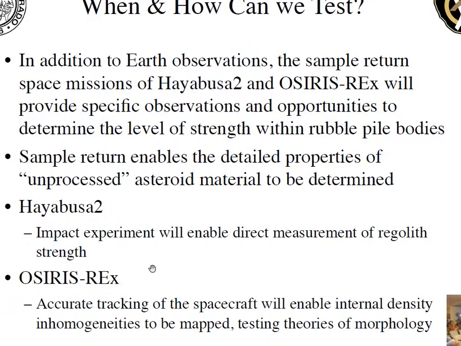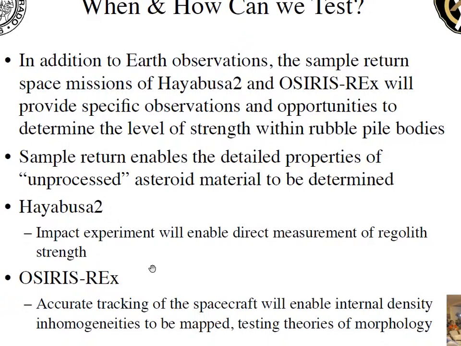First of all, we'll be able to study the sample return of these missions and see what these unprocessed asteroid material properties are. See if we can measure the fundamental mineralogical cohesive strength of these bodies, or some specific parameters that need to be measured.